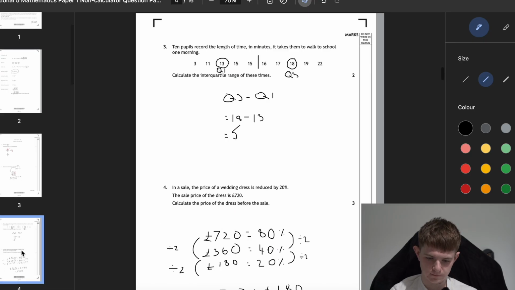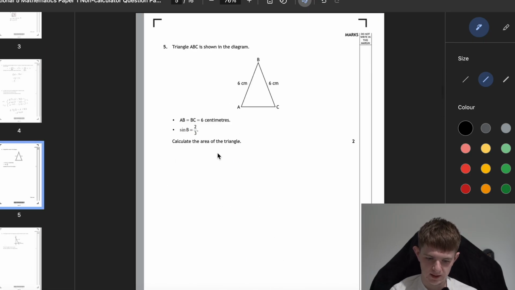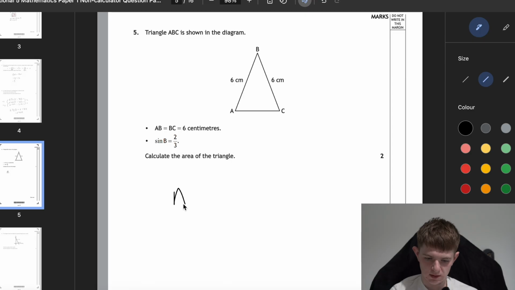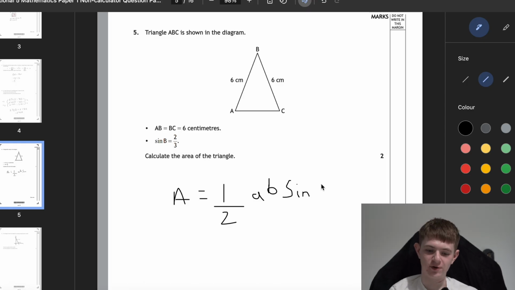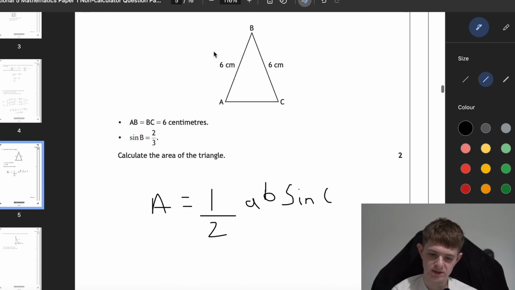So area equals half ab sine C. Excuse the handwriting please, I'm actually writing on a laptop, that's a wee bit tricky. But a and b represent our two lengths.